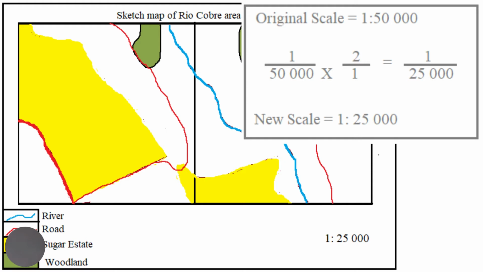And this will give us 1 over 25,000, which when expressed as a ratio is 1 to 25,000. So notice that the number to the right is smaller than in the case of the original scale, and that indicates that the scale is larger.